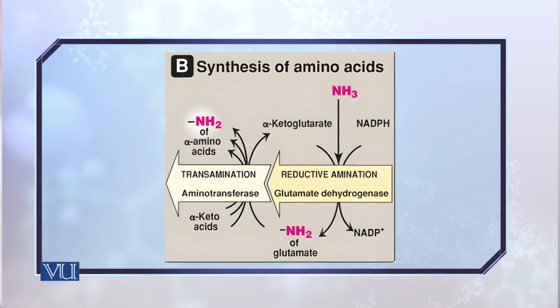So, this is one of the amino acids which is formed through this process. Similarly, you can get alanine, serine, aspartate, and other amino acids through this process.